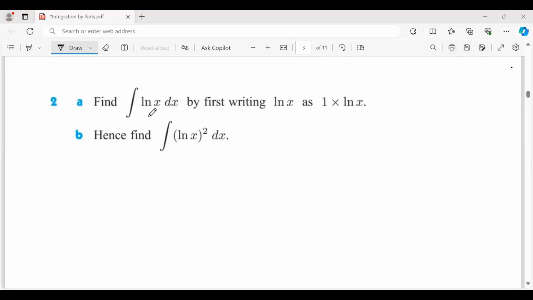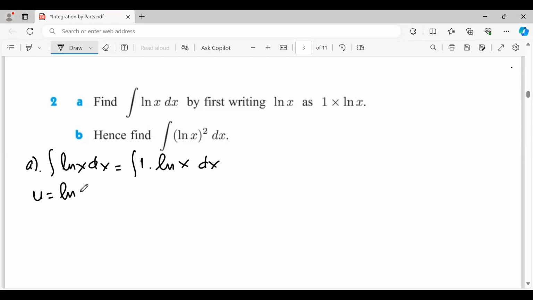Number 2, find integrals ln x dx by first writing ln x as 1 times ln x. B, hence find integrals ln x squared. Integrals ln x dx equals 1 times ln x dx.